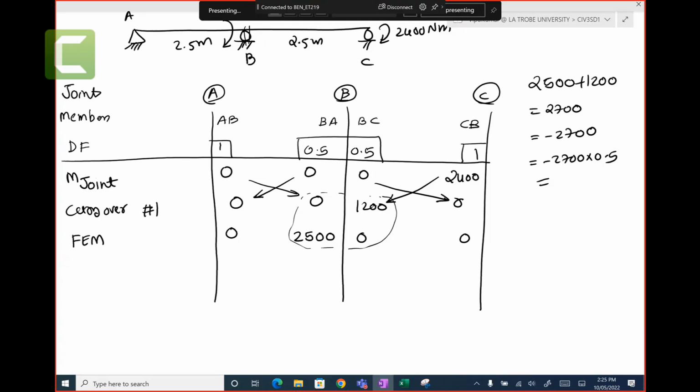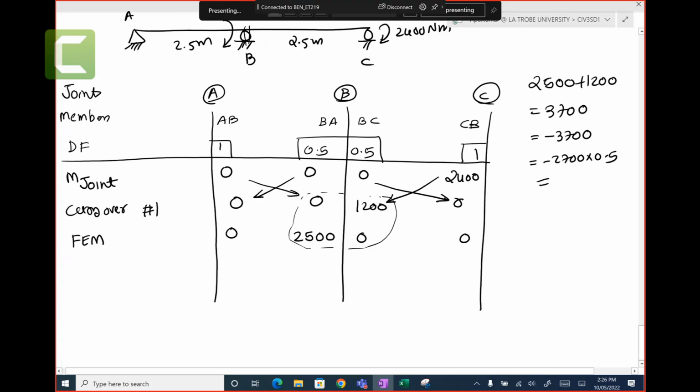You get 3700 here. So that is 3700 positive.